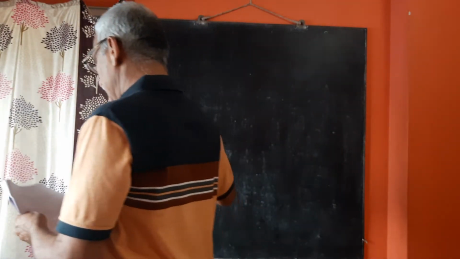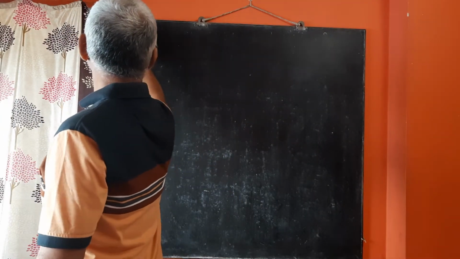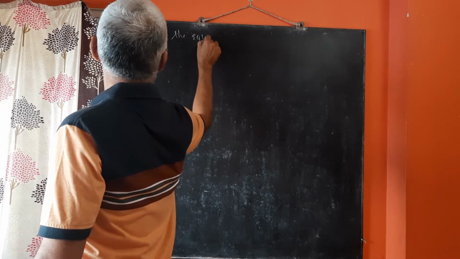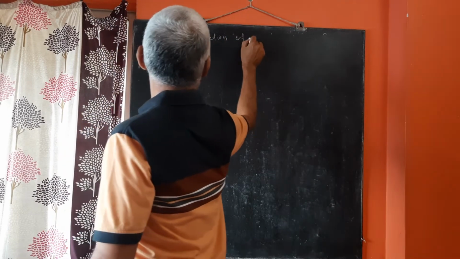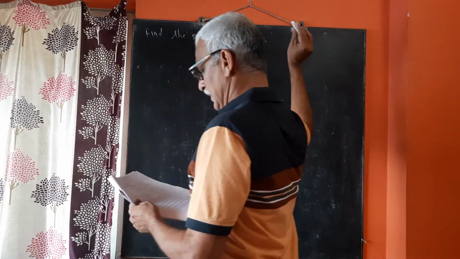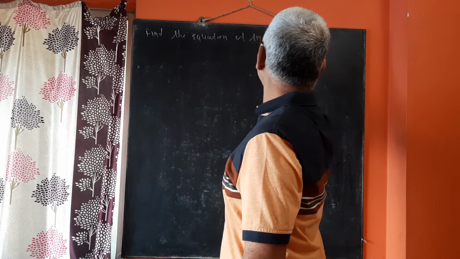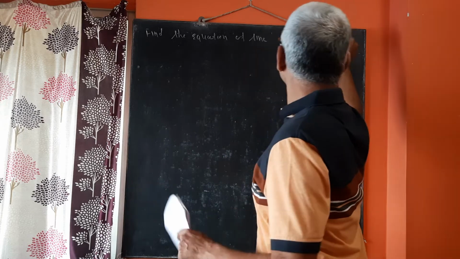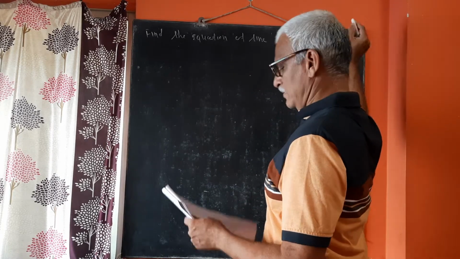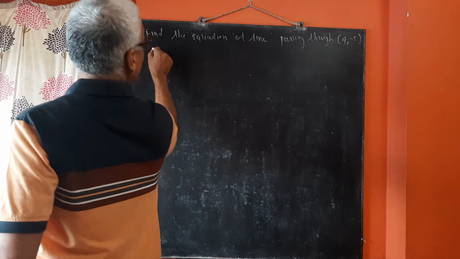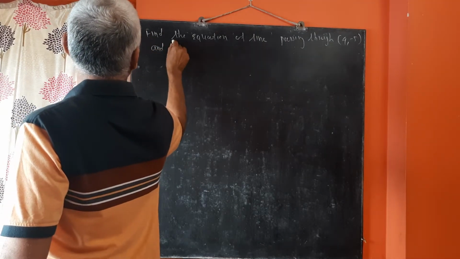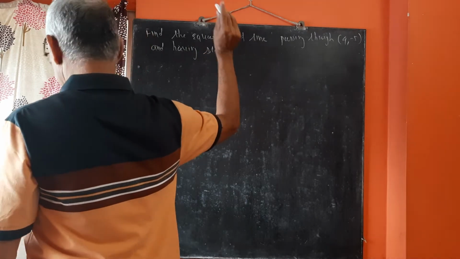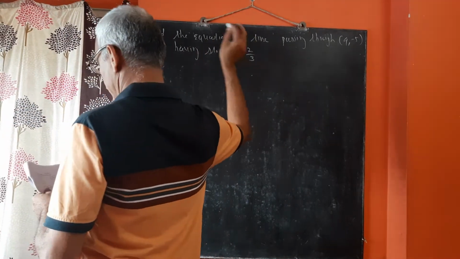First one, find the equation of line passing through 4 minus 5 and having slope minus 2 by 3.